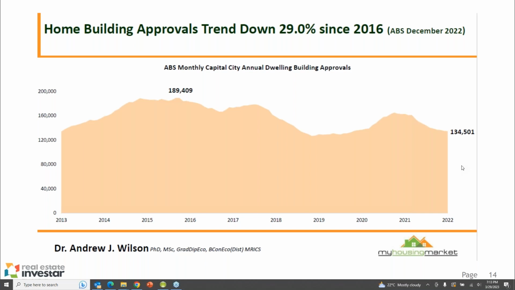Building approvals are currently down 29% on what they were in 2016, which is massive. I'm sure we're all aware that the building trade, like most industries, has been under a lot of pressure over the last 12 to 18 months. Things are getting back to normal now, which is great, but we're simply not building enough new homes.